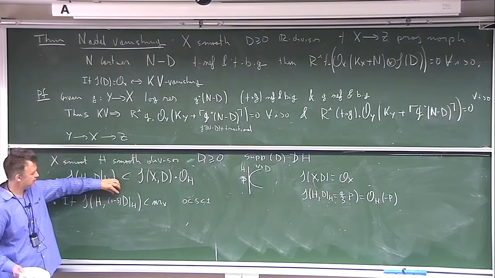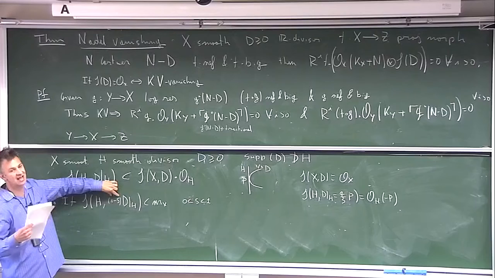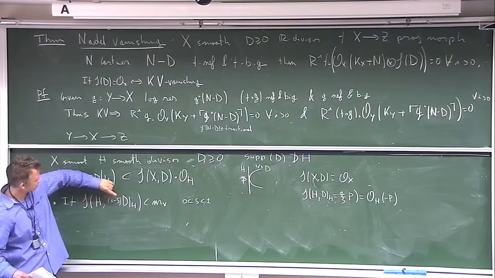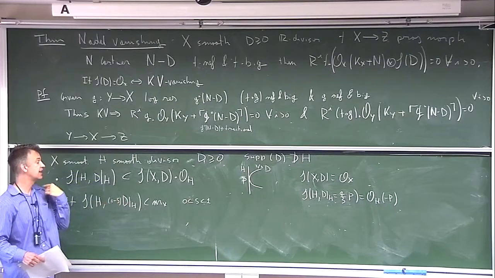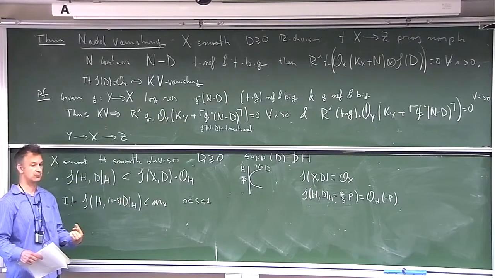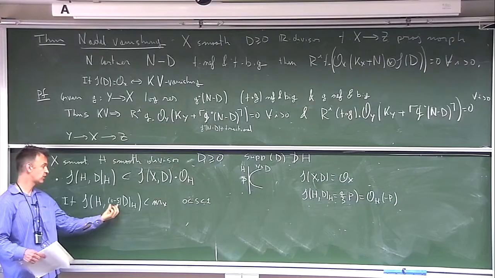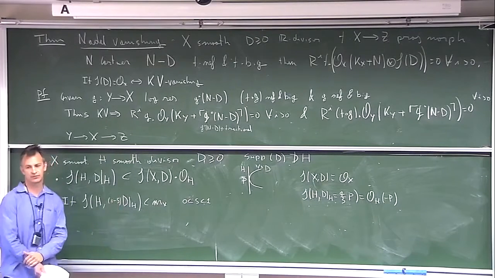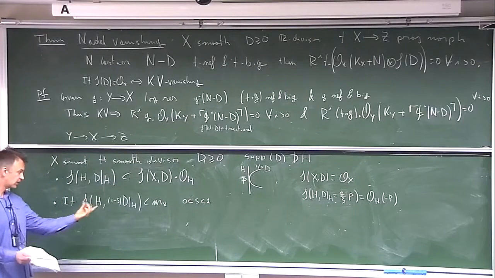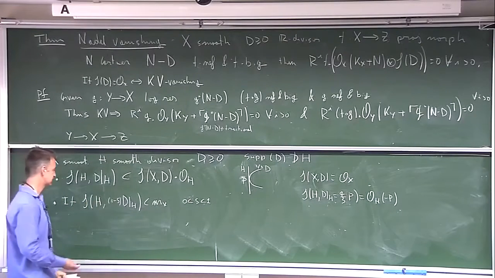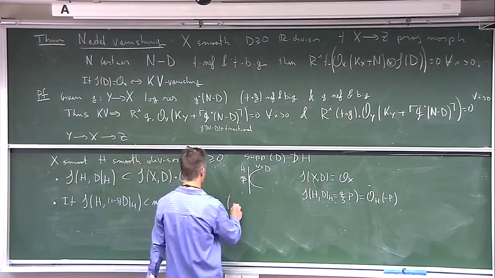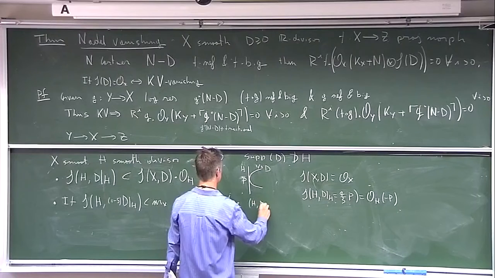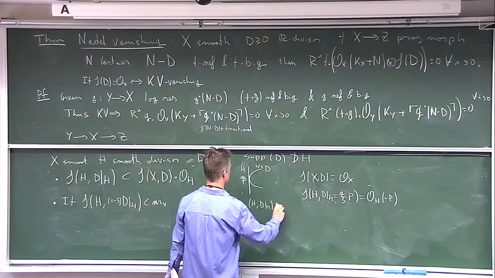But now the coefficient 1 minus s is slightly less than 1, so what this is really saying is that the restriction of D restricted to H is not Kawamata log terminal. Sorry, it's not log canonical. Even when I make its coefficient smaller, it's, i.e., D restricted to H is not log canonical.